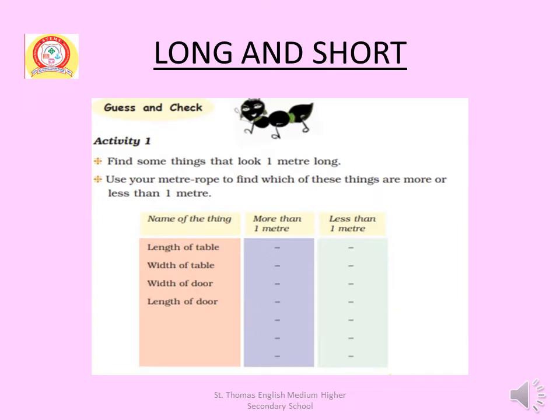Here is an activity. Find some things that look 1 meter long. For example, length of table, width of door. Use your meter rope to find which of these things are more or less than 1 meter.